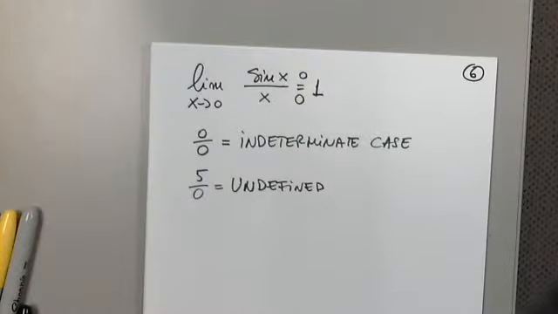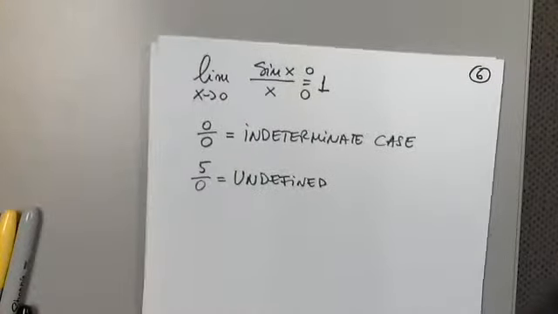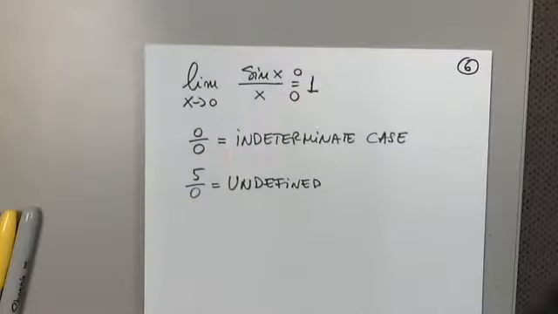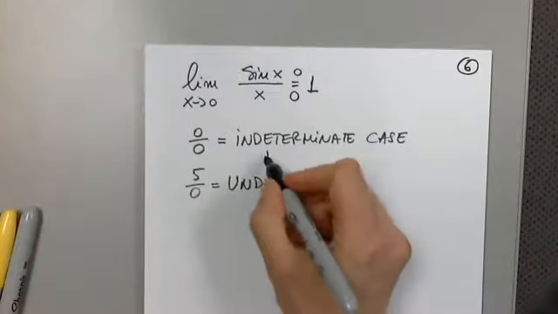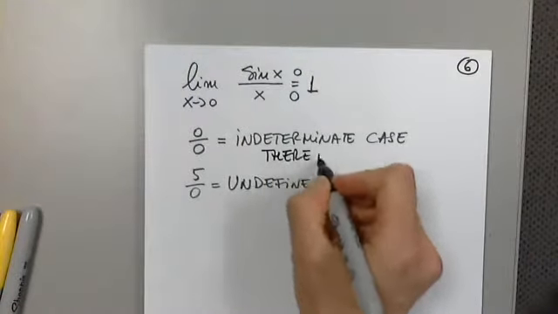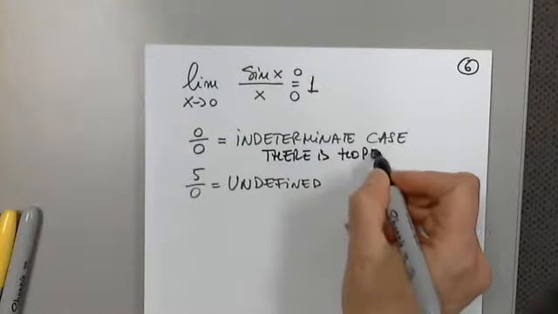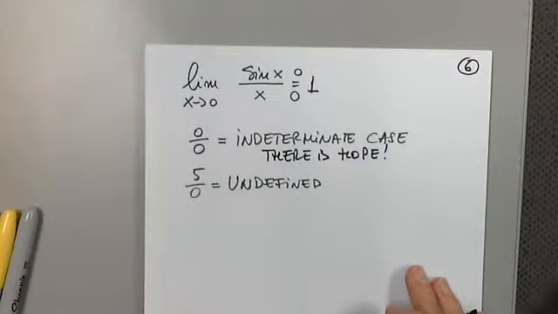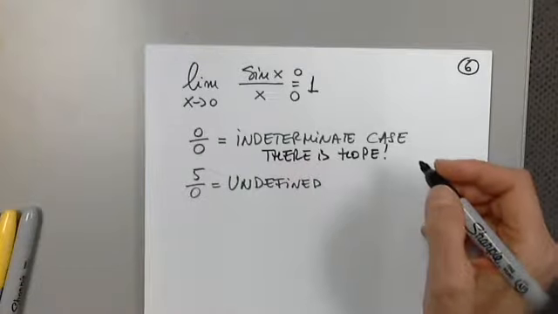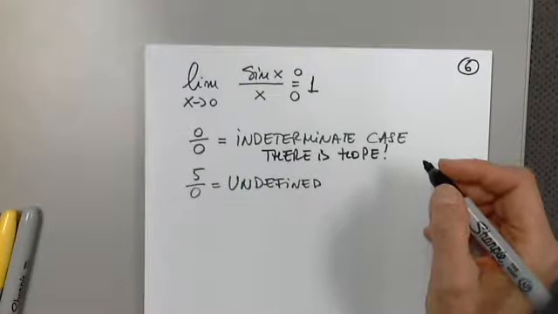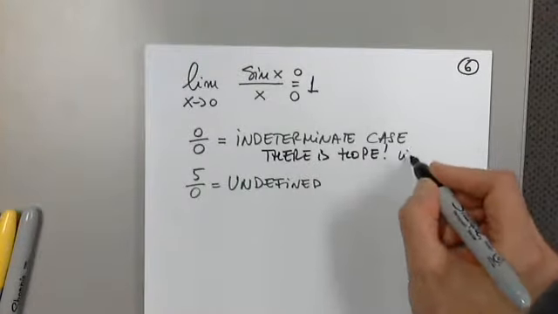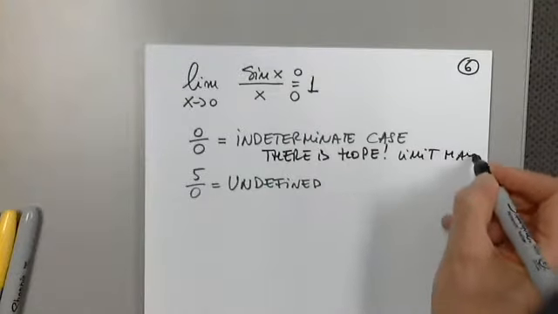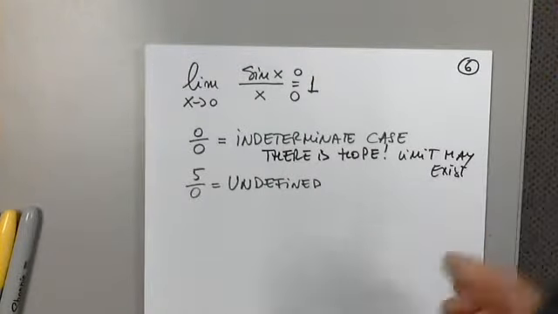The 0 over 0 as an indeterminate case has hope. In other words, there is hope, meaning the limit may exist. I'm not saying the limit exists, I'm saying the limit may exist.